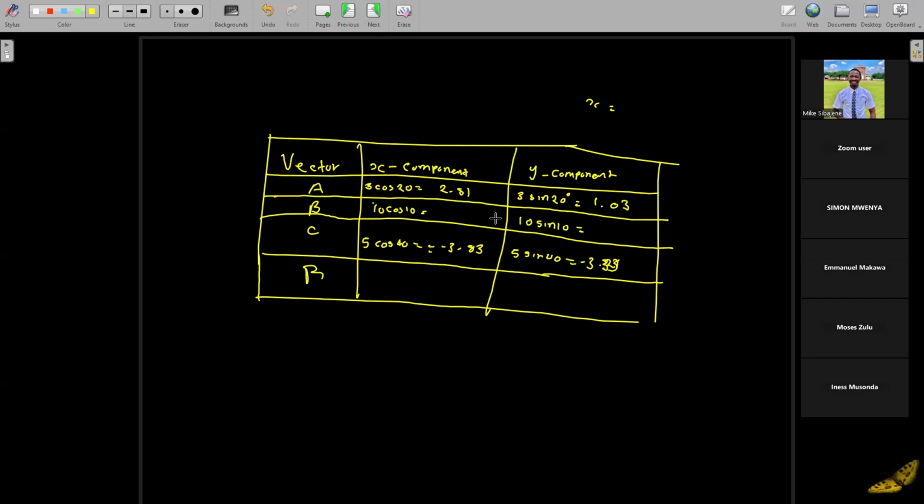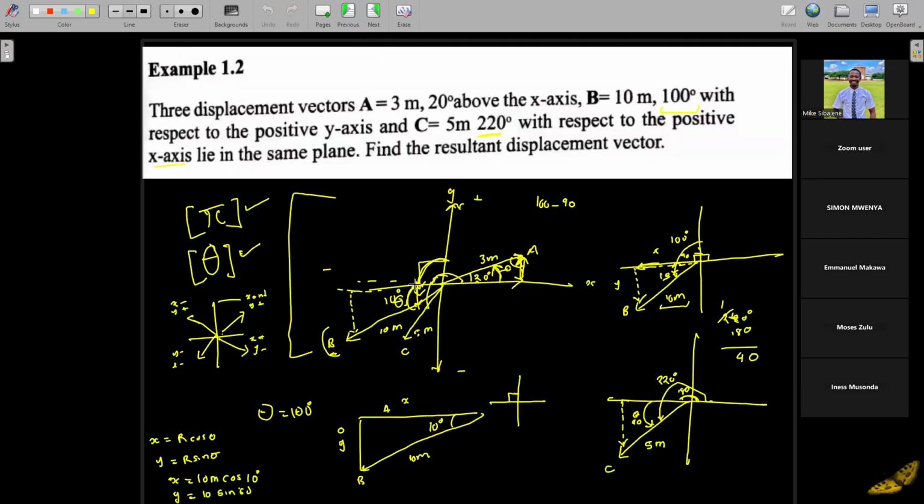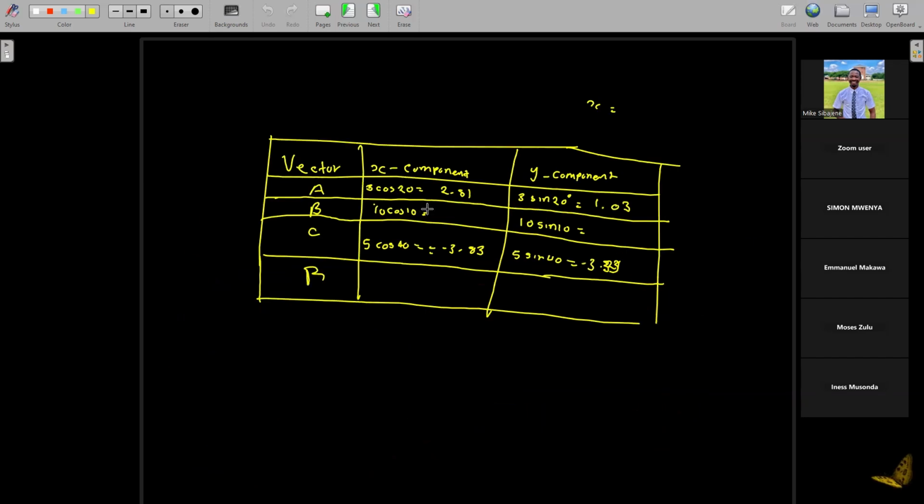What are you going to get? 9.84. Okay, so we're going back to the concept. It is in the third quadrant, so both are negative. So it's negative 9.84.